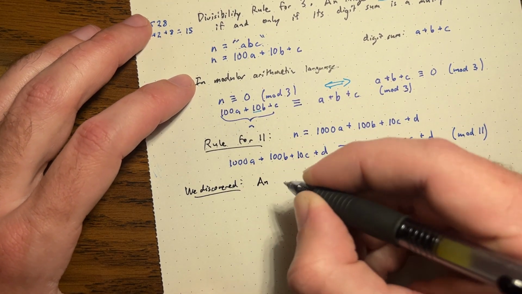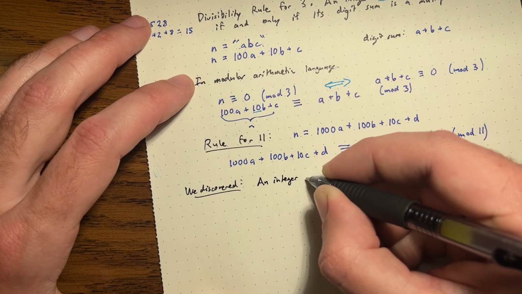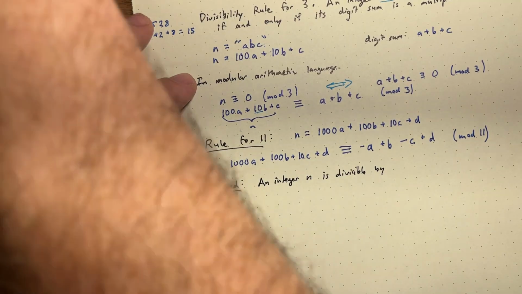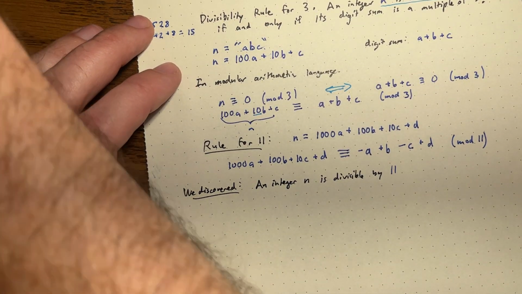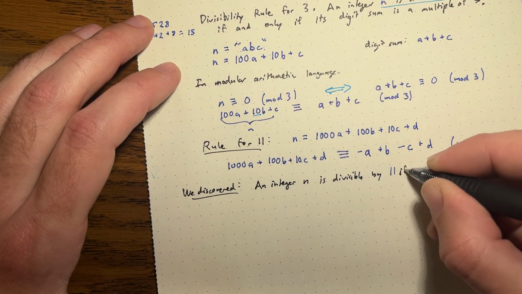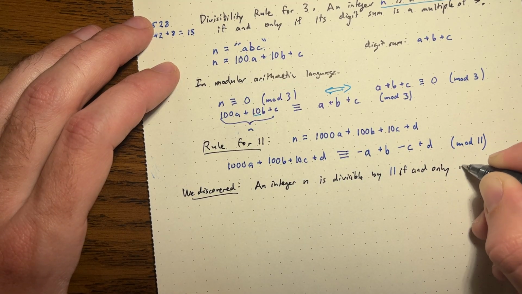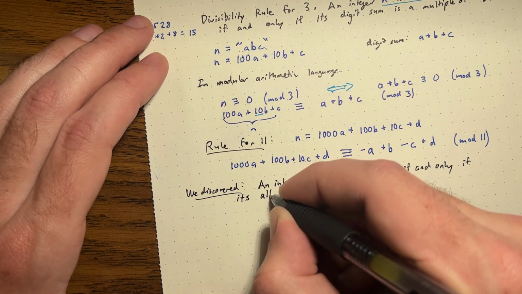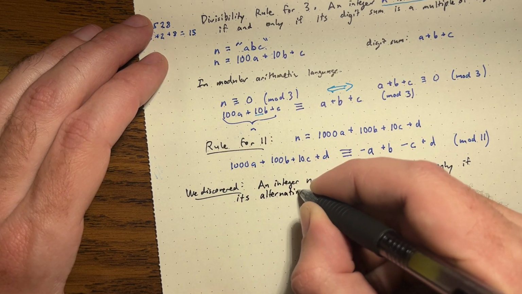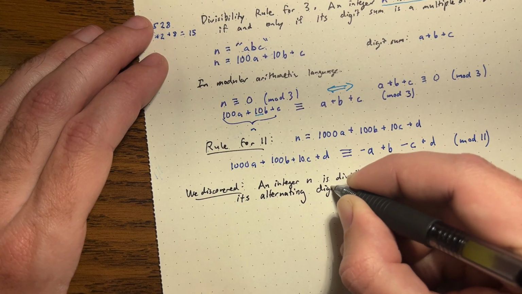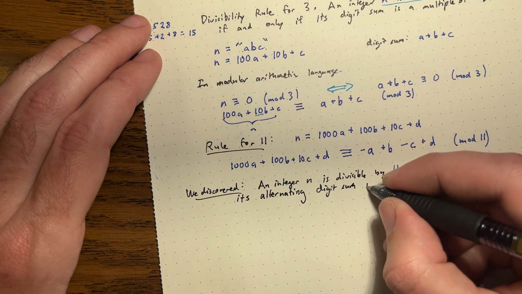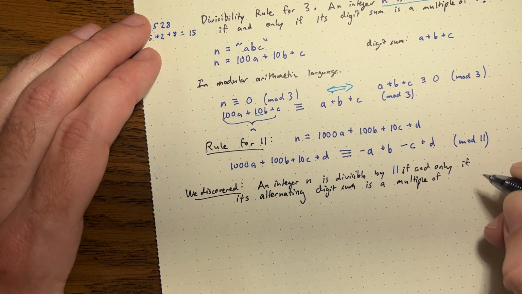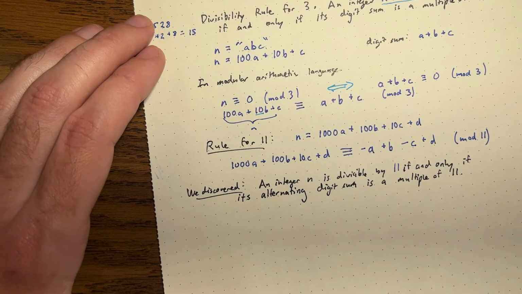An integer n is divisible by 11 if and only if its alternating digit sum is a multiple of 11. I want to say congruent to 0 mod 11, but this is probably how the divisibility rule will be stated.